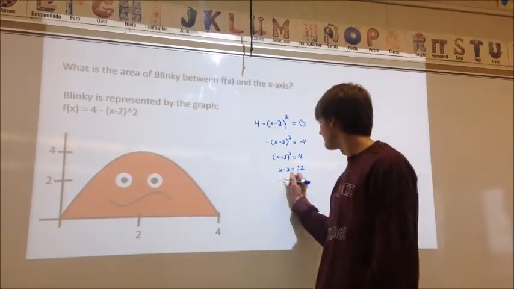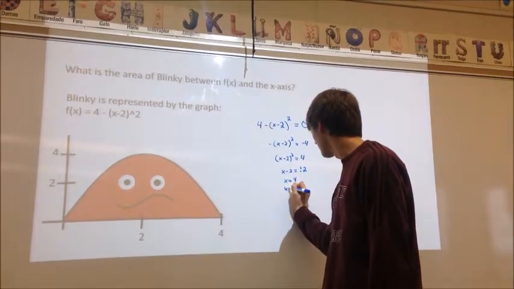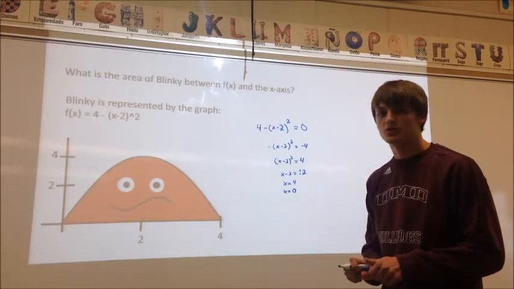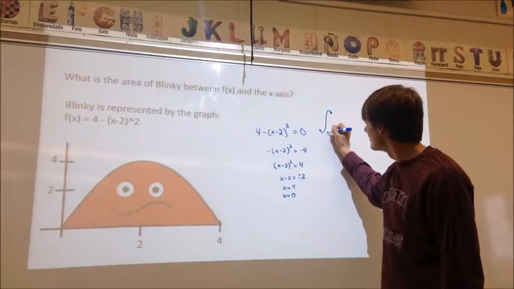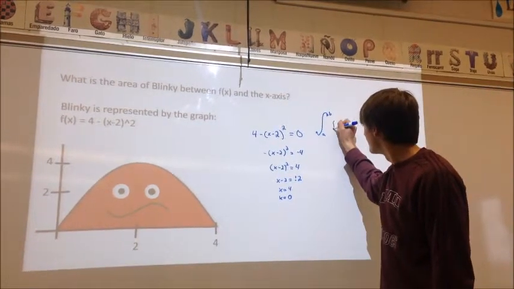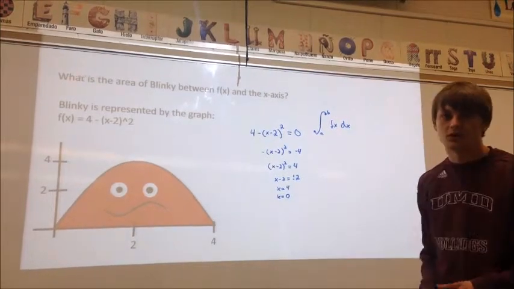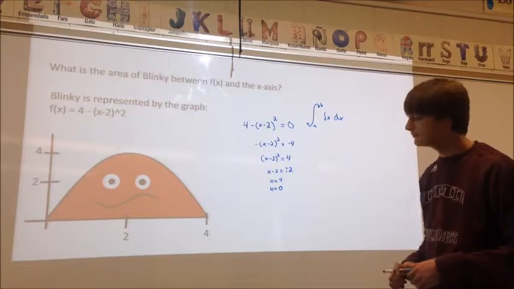Then solve. Now these are the bounds of our function, so then we put them into our integral, with a being our first point on the bounds, and b being the last point.